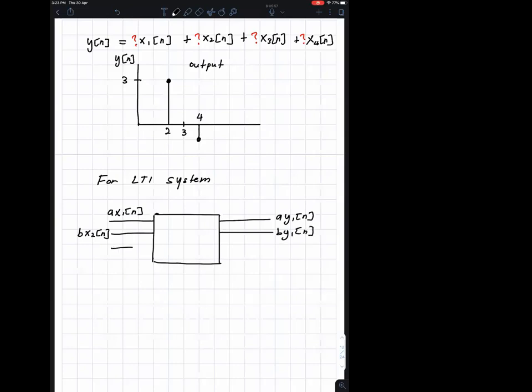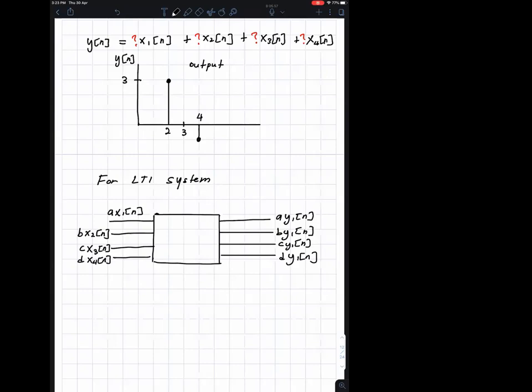If we input C x3[n], the output is going to be C y3[n]. A, B, C, D, let's say we put a D x4[n], the output is going to be D y4[n].